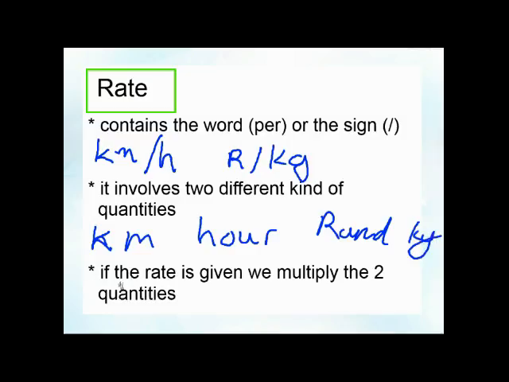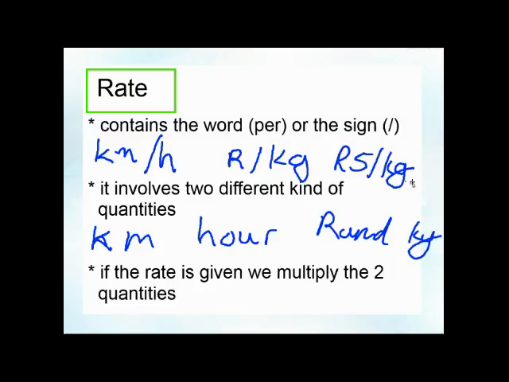So if we have a rate like kilometers per hour or rand per kilogram, and we want to find out what the value of the quantities will be. So let's say we had 5 rand per kilogram. We would multiply the two together to find the answer.